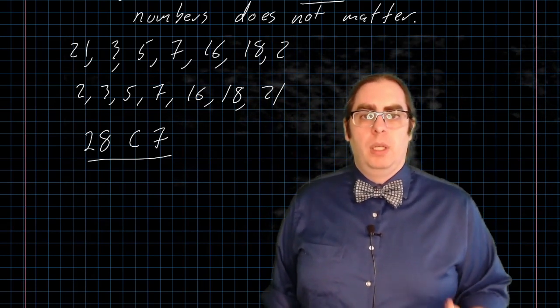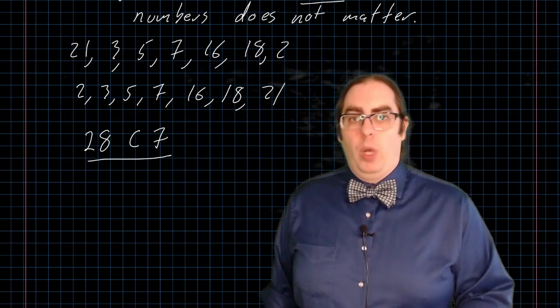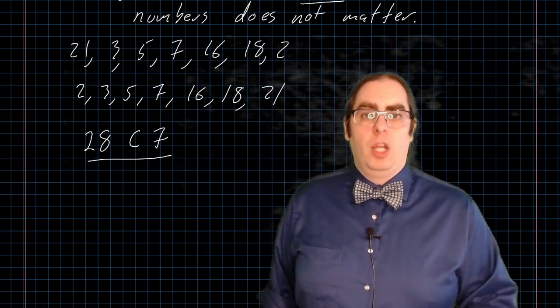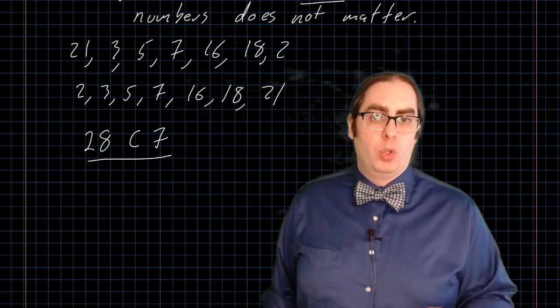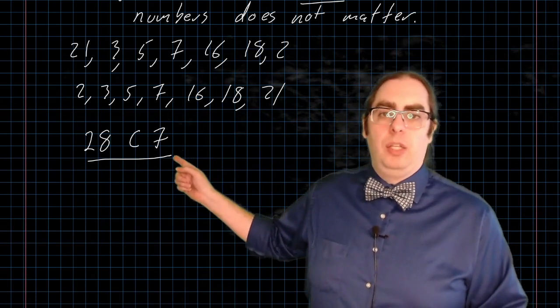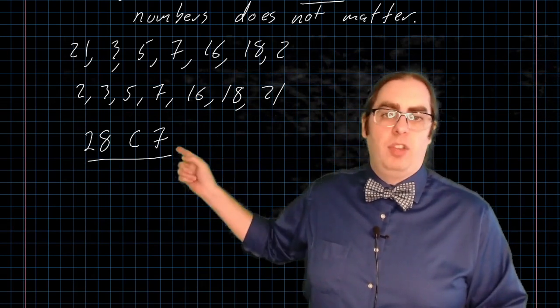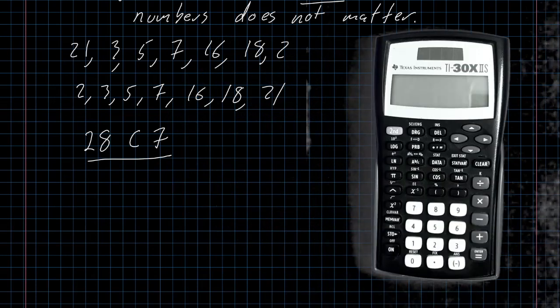Because of that, no matter what order I pick them in, the result is the same. And because no matter what order I take the numbers in, the result is the same, that's what I mean when I say the order doesn't matter. That's the case that uses the choose function. Grab my calculator one last time.